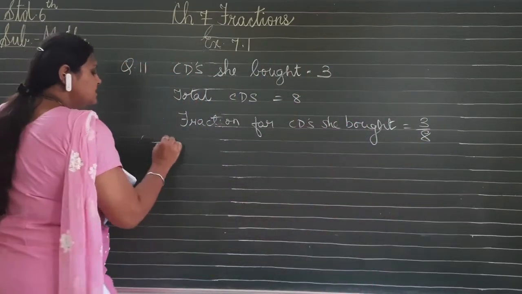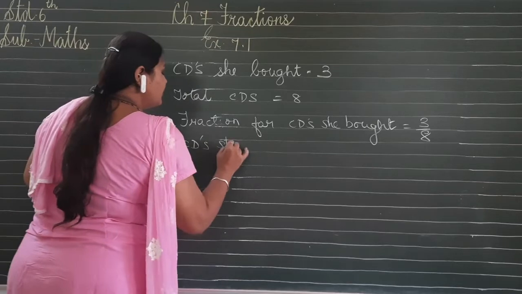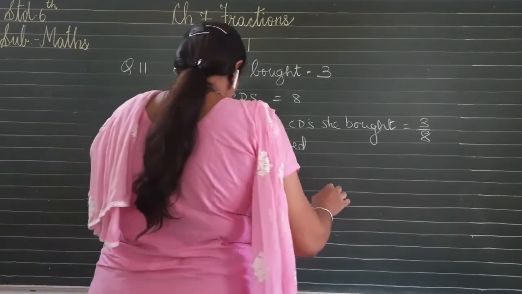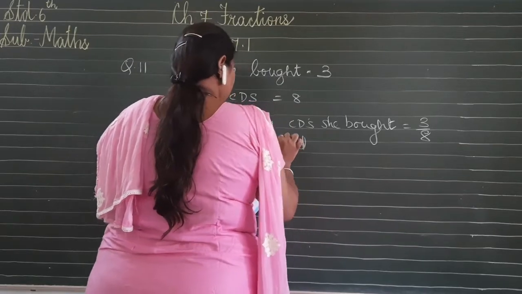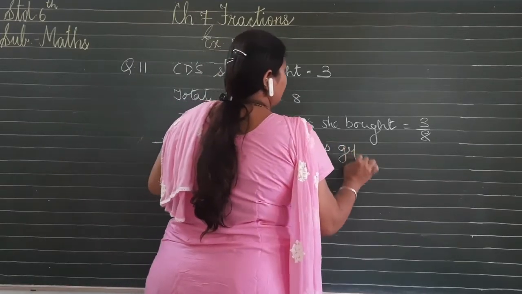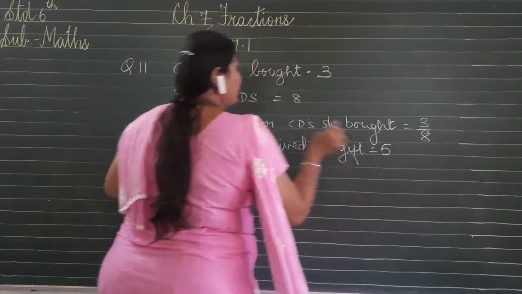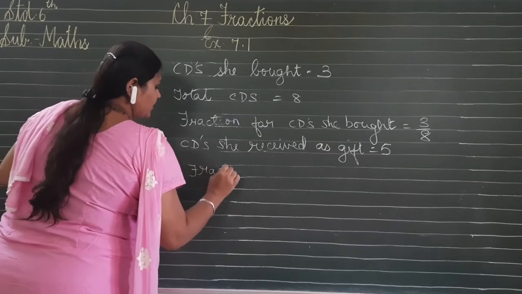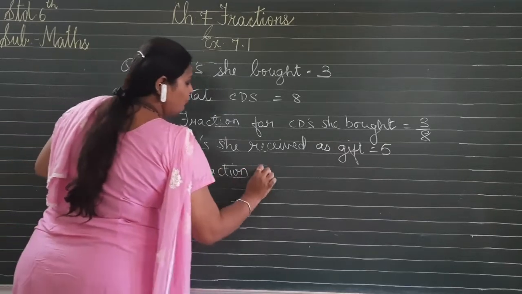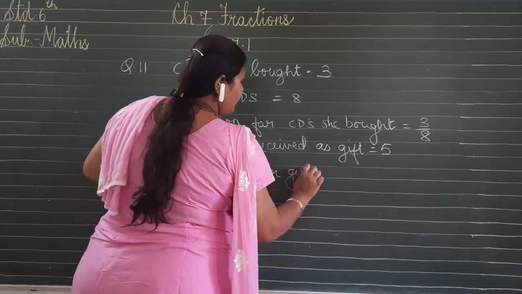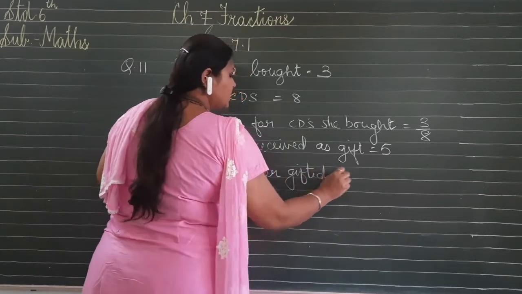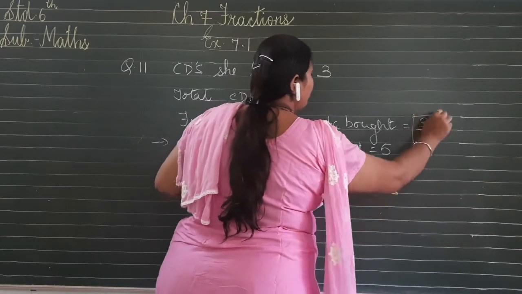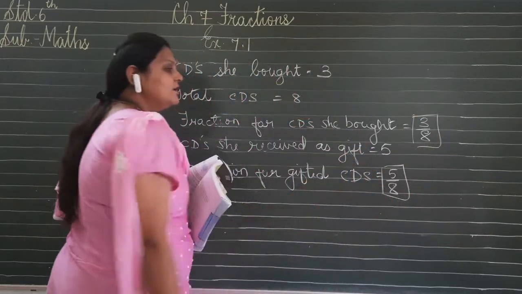Same way, CDs she received as a gift is 5. The total number of CDs is 8. So the fraction for gifted CDs is equal to 5 upon 8. So 3 upon 8 and 5 upon 8 is our answer.